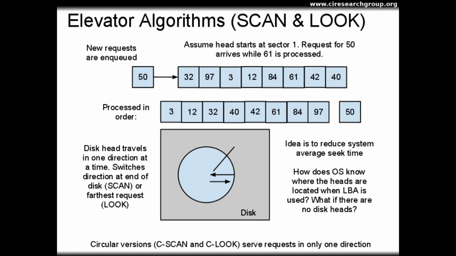The circular versions of the algorithm, cscan and clook, only serve requests moving in one direction. So for example, with circular scan, the head would start at the first sector, move all the way to the end of the disk, servicing requests, and then come all the way back down to the first sector without servicing any requests and start the process over again.